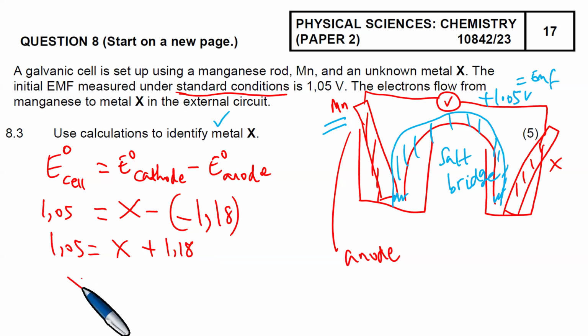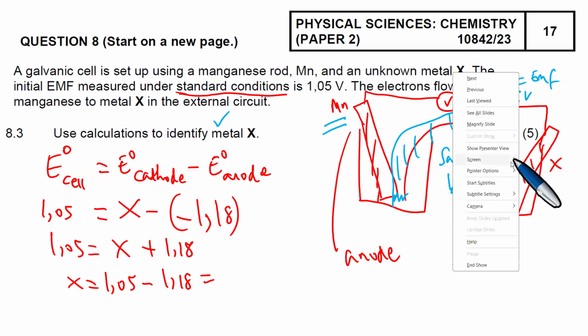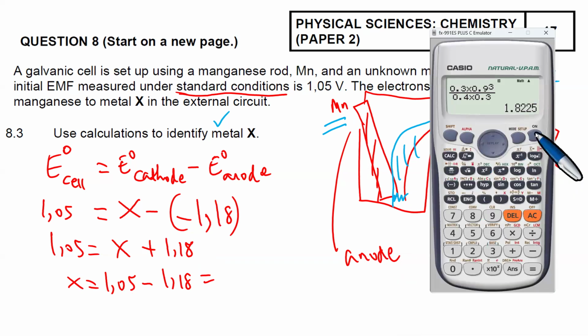We need to solve for X because they said identify the metal X, and therefore you have 1,05 minus 1,18. This paper was written last year by the chemistry learners. Please make sure you are able to follow these, both of you guys, because it is very, very important.